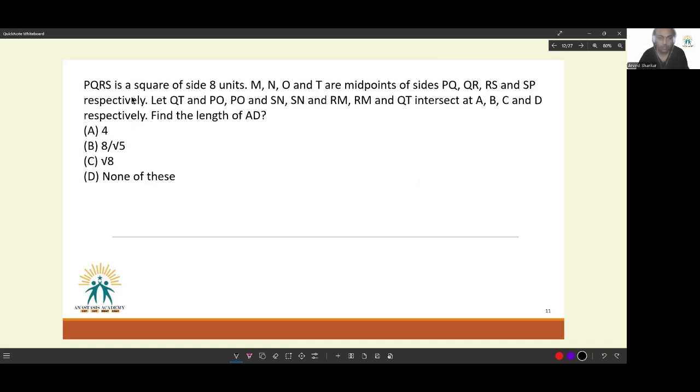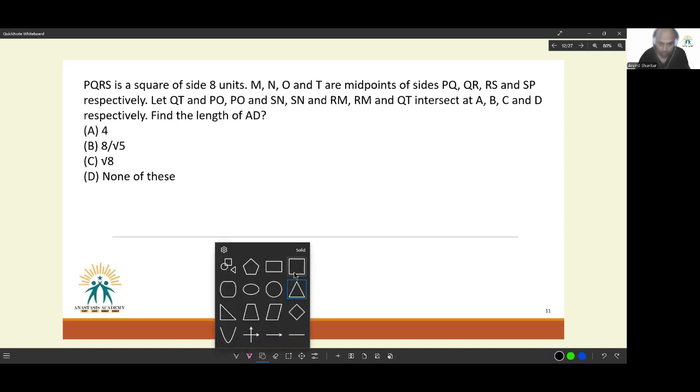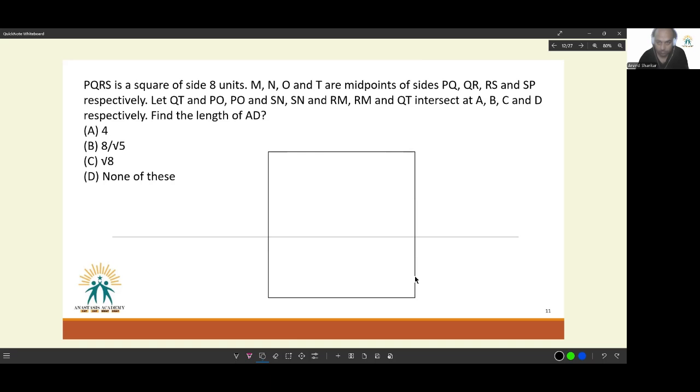Next, PQRS is a square of side 8 units. Okay, let me draw a square. P, Q, R, S, M, N, O, T. This is N, and N is on QR, O, and T, M, N, O, T on PQ, QR, RS, and SP.